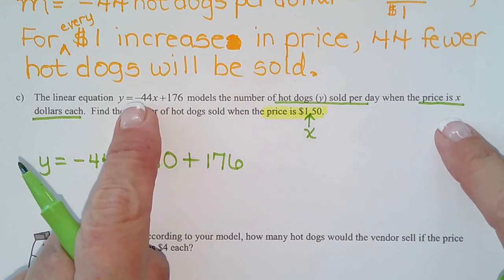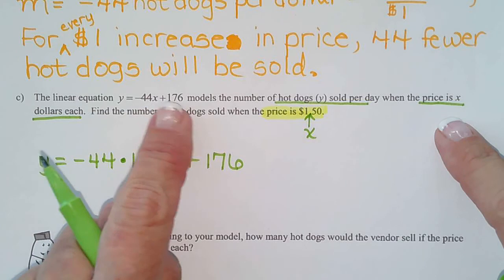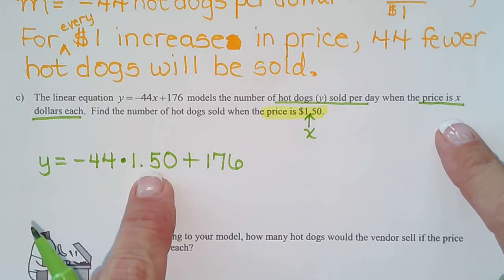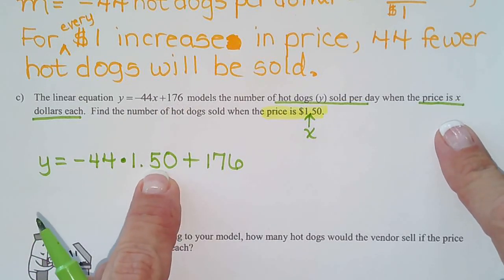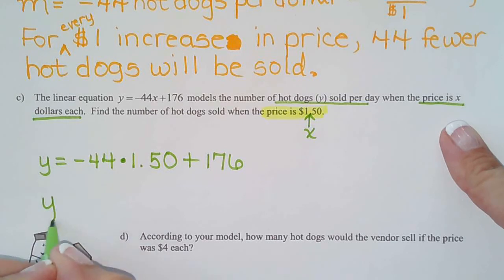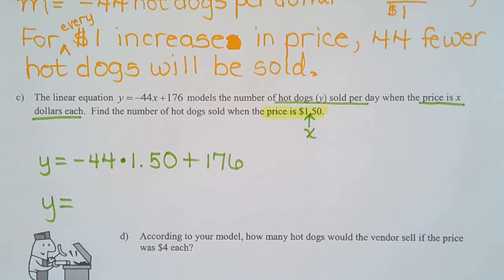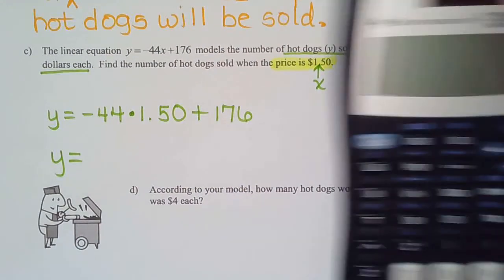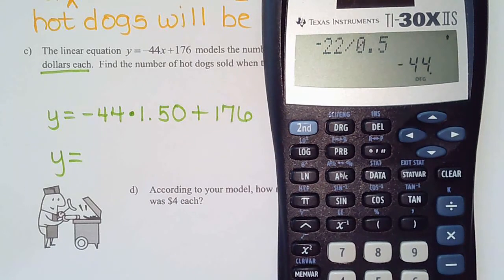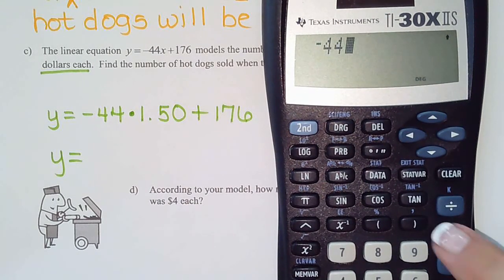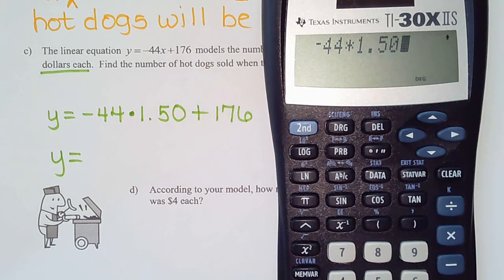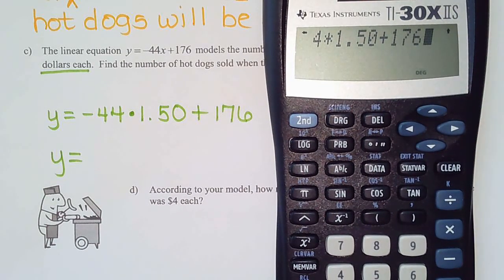And I have to know that that means negative 44 times X. So it means negative 44 times 1.50. And now we can plug it in our calculator. And remember, because it is a word problem, it does need a label. So negative 44 times 1.50 plus 176. And our calculator knows order of operations, so we don't have to hit enter until the end.